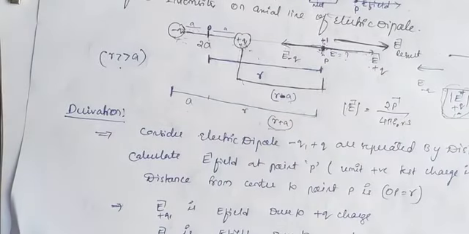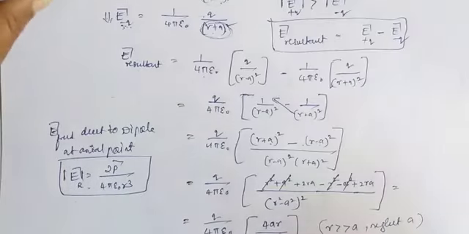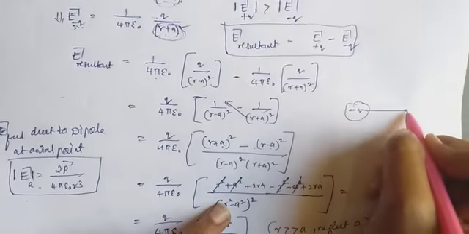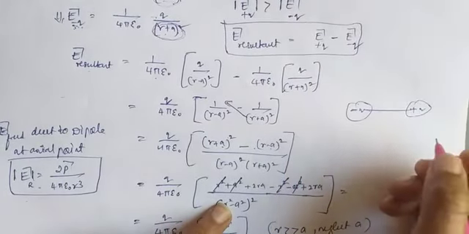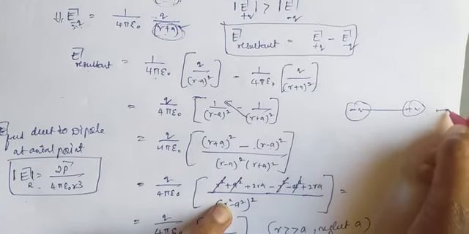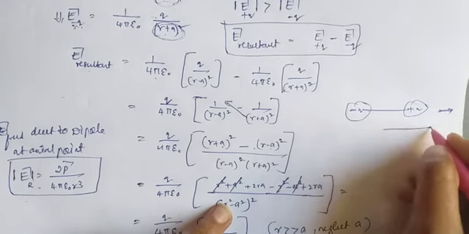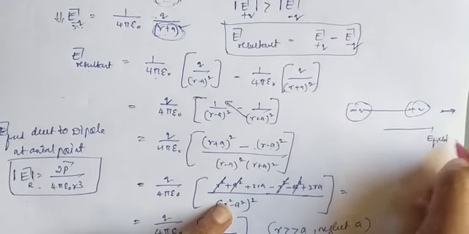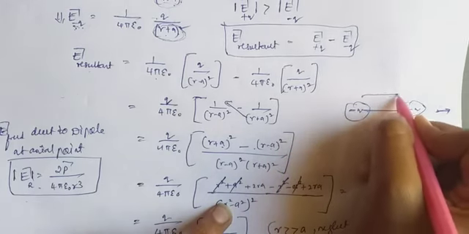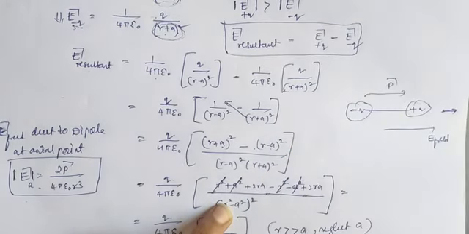So that means for the direction, this is a charge and this is the charge. Here we have taken one point. So this is the electric field direction. Okay, so what is the dipole moment direction? Negative to positive, always negative to positive. So this is the dipole moment direction.